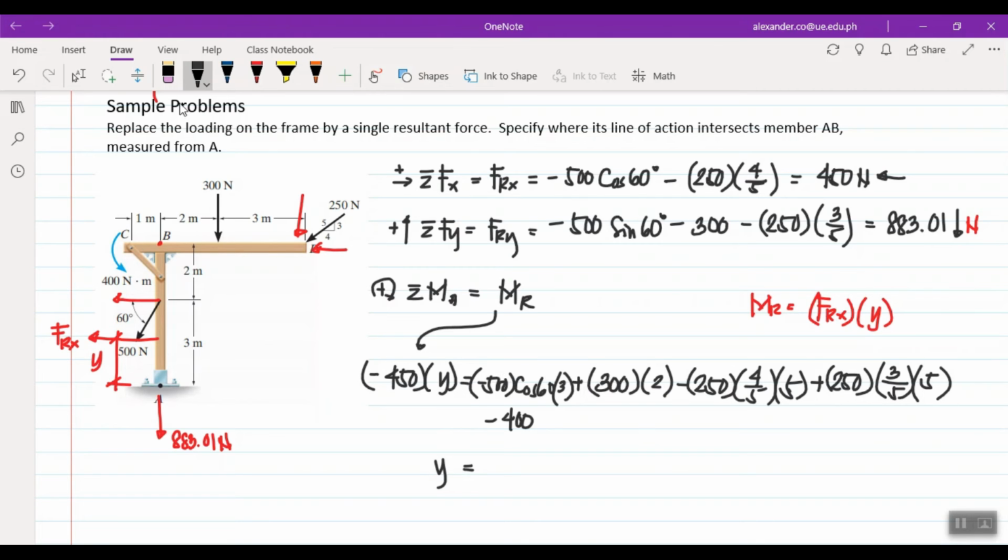Ulitin natin. Burahin ko lang to. Parang doon dito. So, ito, isa, dalawa, tatlo, apat, lima. Isa, dalawa, tatlo, apat, lima. Kompleto na. Okay. So, kumpletuhin na natin. Minus 400.